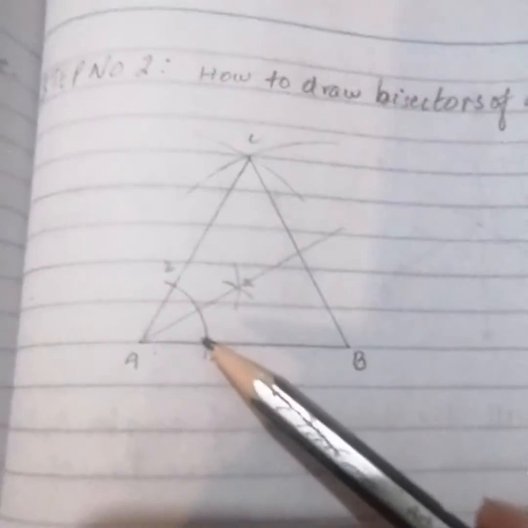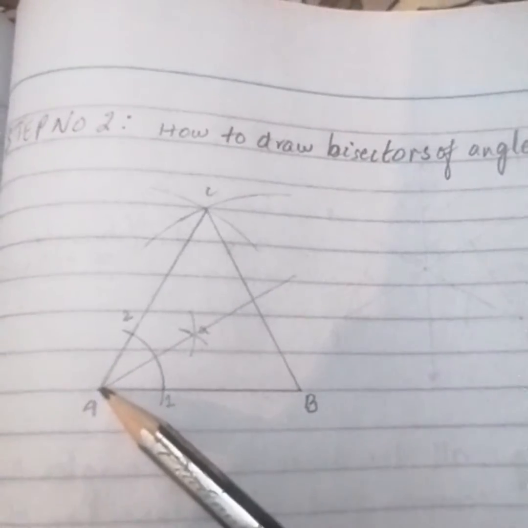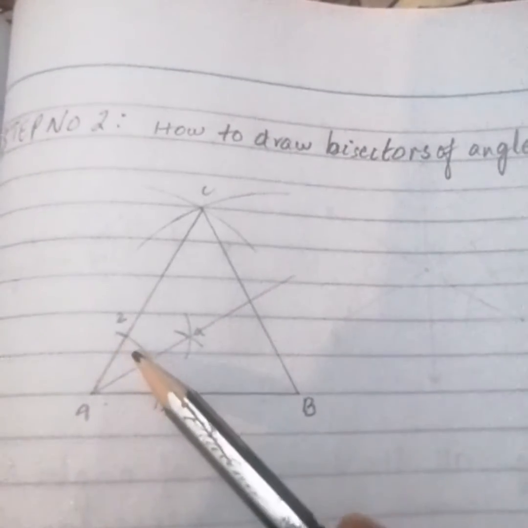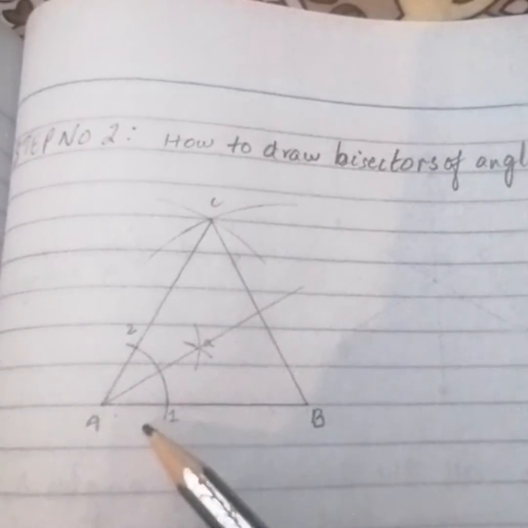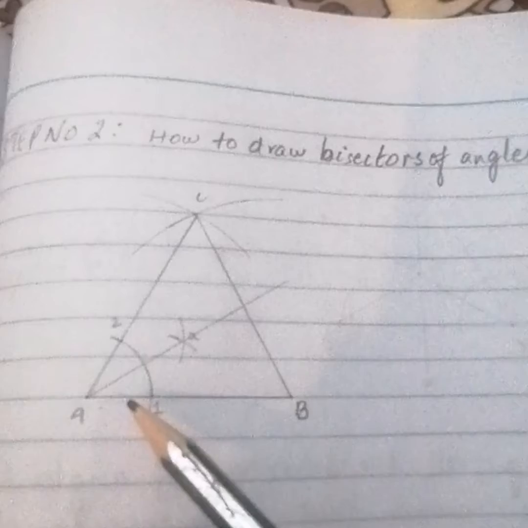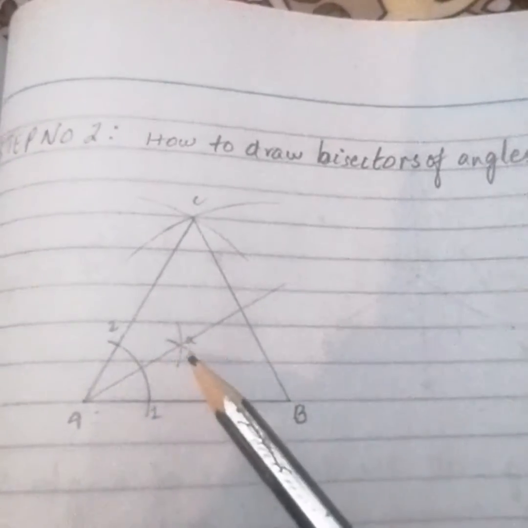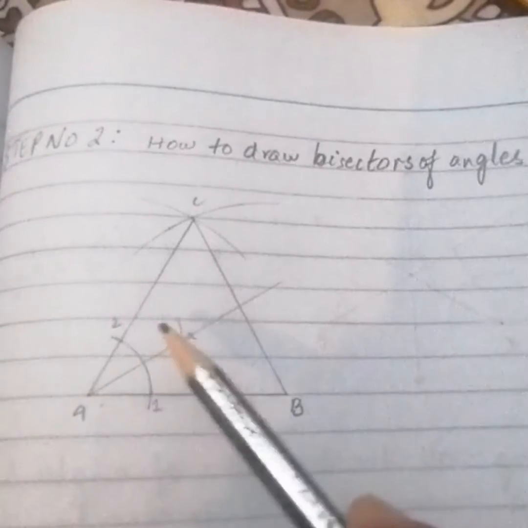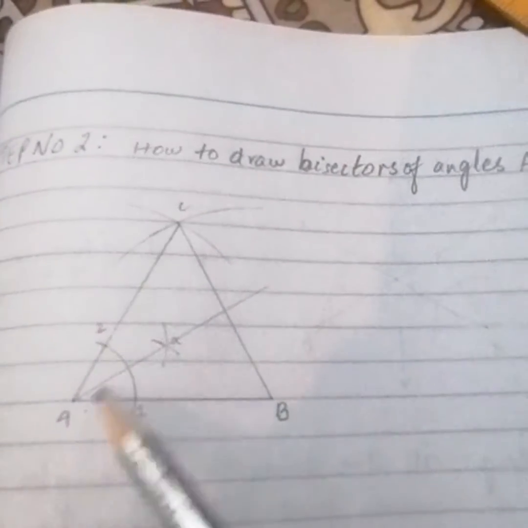Hope you have understood how to make the angle bisector: you put the compass at A and make an arc intersecting both the lines at points 1 and 2. Then again you put the compass at 1 and draw an arc, and at 2 you make another arc intersecting this arc.